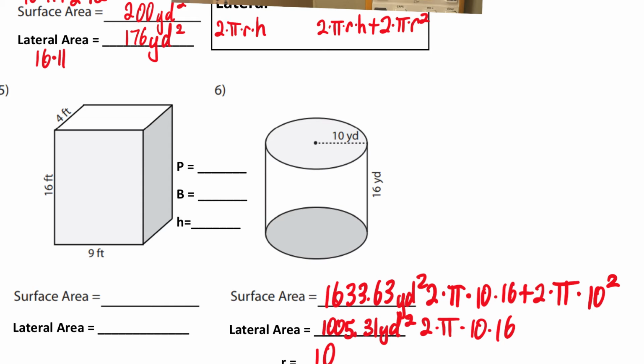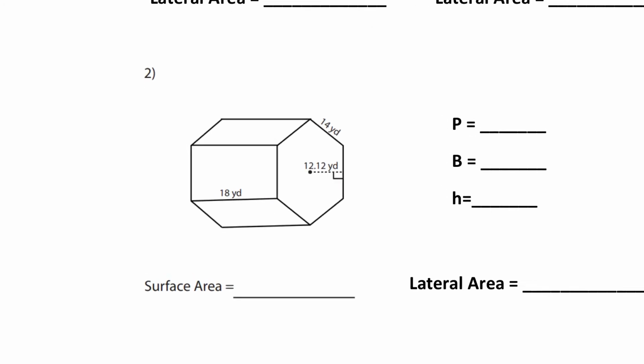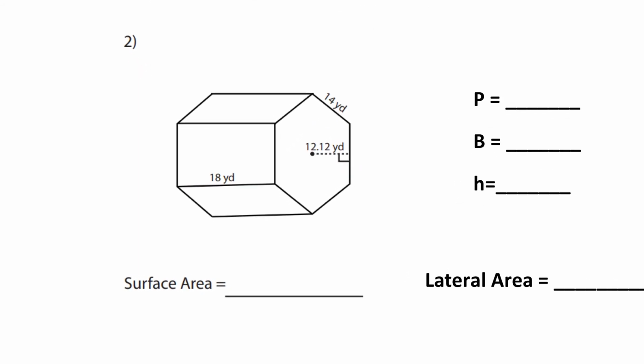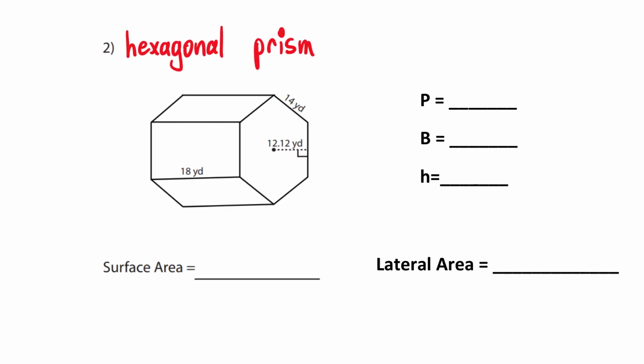Okay, let's drop down, look at one more. Let's look at this one down here on the bottom. So first of all, what shape is this? This is a hexagonal prism. All right, what does the capital P stand for?